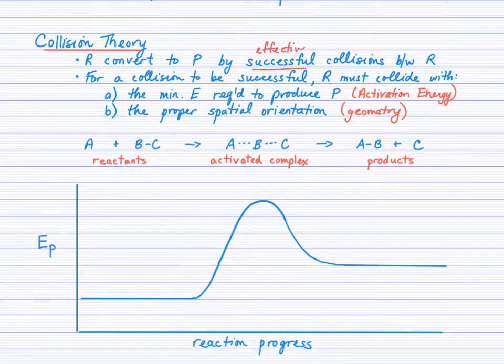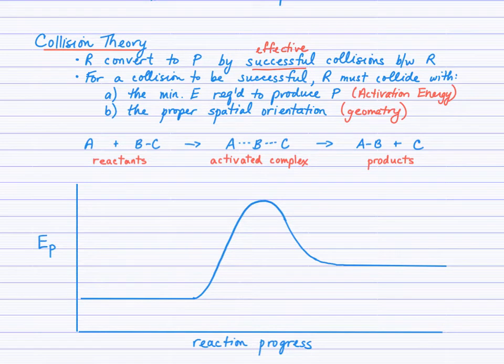So the idea is that a successful or effective collision actually means that reactants convert to products. Products are formed. So it's possible to have an unsuccessful collision or an ineffective collision, one where reactant particles collide and then do not change or convert into products, and they're still reactant particles after the collision. So essentially they just bounce off each other.